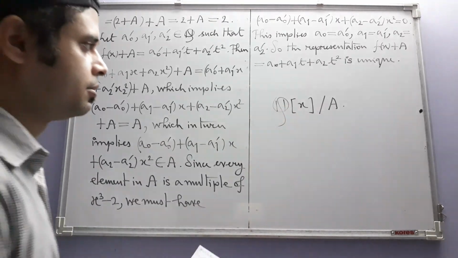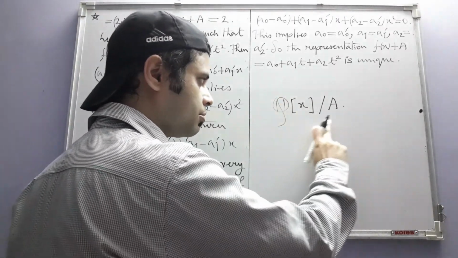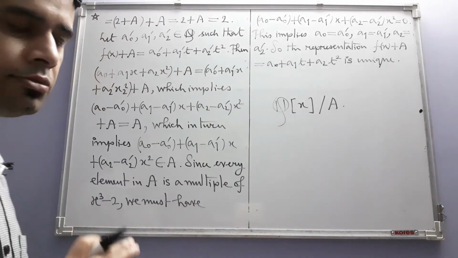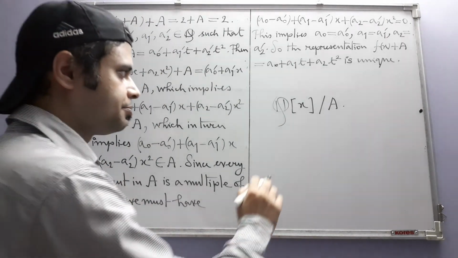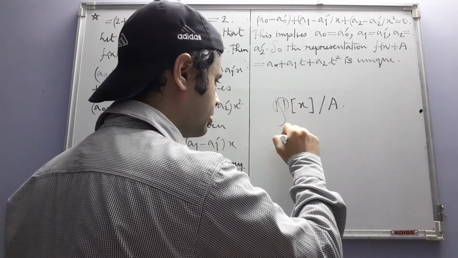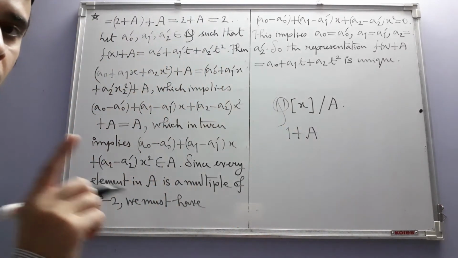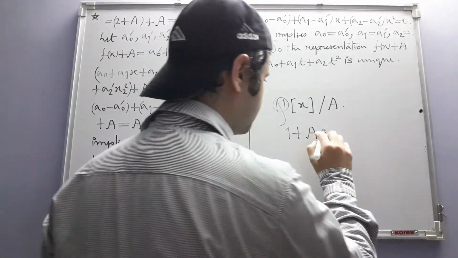Why? Because you know that the polynomial ring is commutative, so every quotient ring is commutative. That is one thing. One more thing is that this has a unit element, and that unit element is this, which is not equal to the zero element.